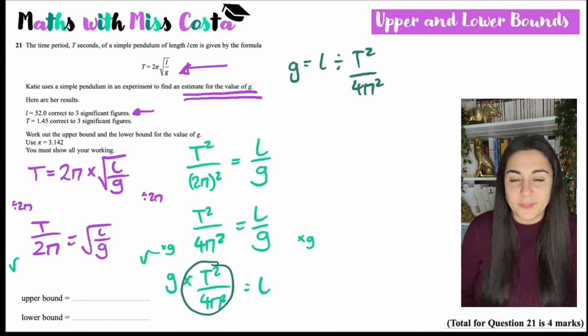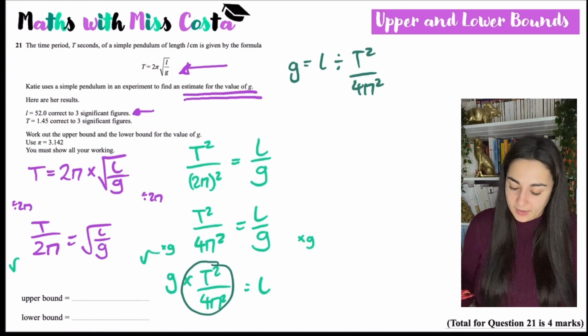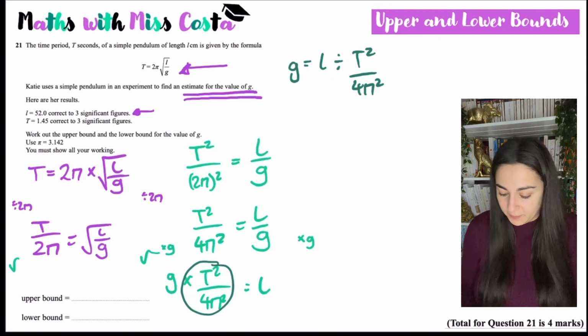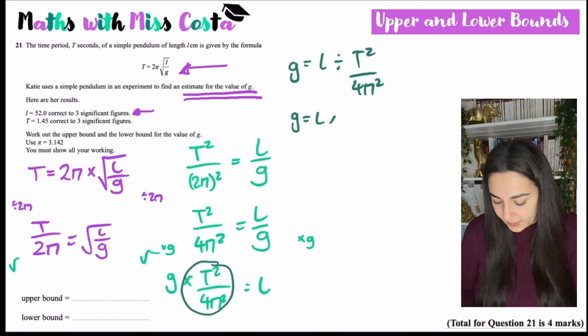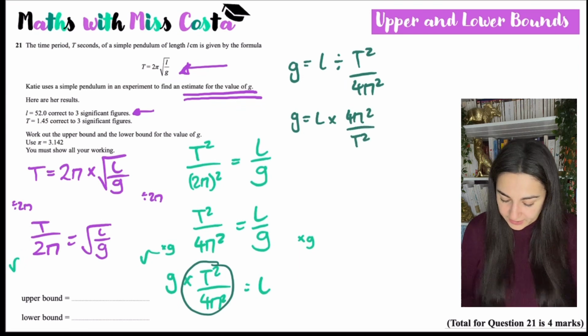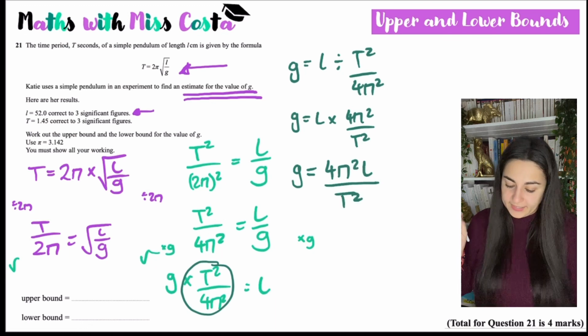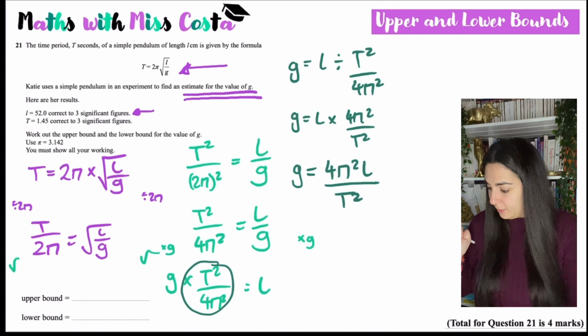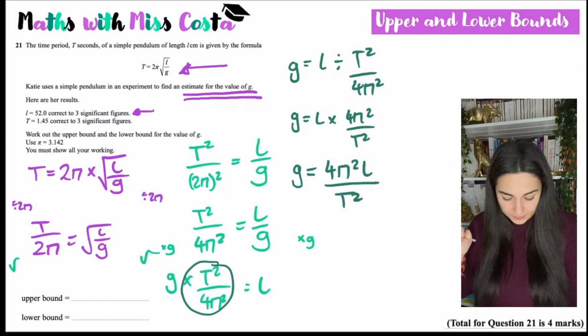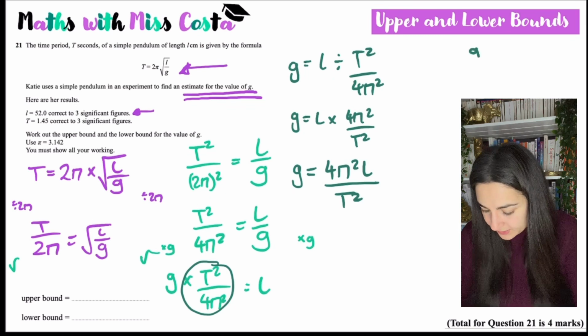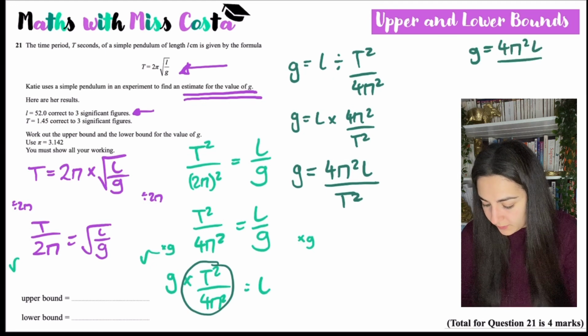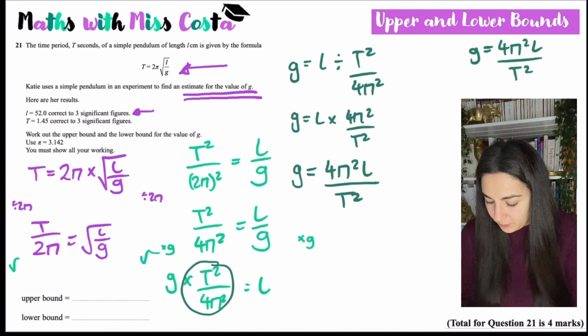Now when I'm dividing a fraction, all I do is I flip the second fraction and I multiply it, so that would be G equals L times by 4 pi squared over t squared, and I can just simplify that as G equals 4 pi squared L over t squared. Okay, so that is my formula. So where shall I write that? I'm going to write that here. So G equals 4 pi squared L over t squared. So that's what I'm going to be using.